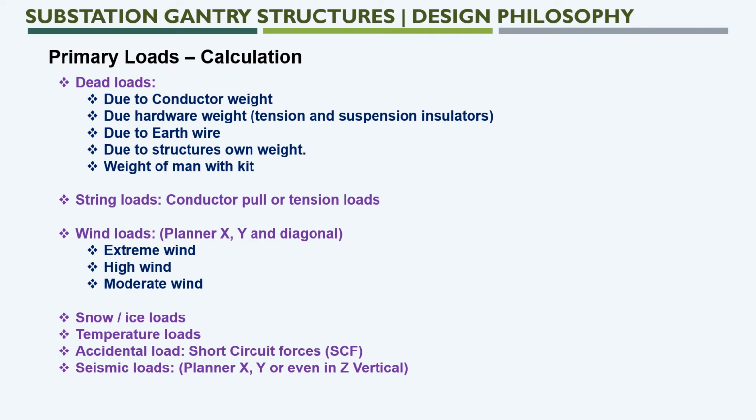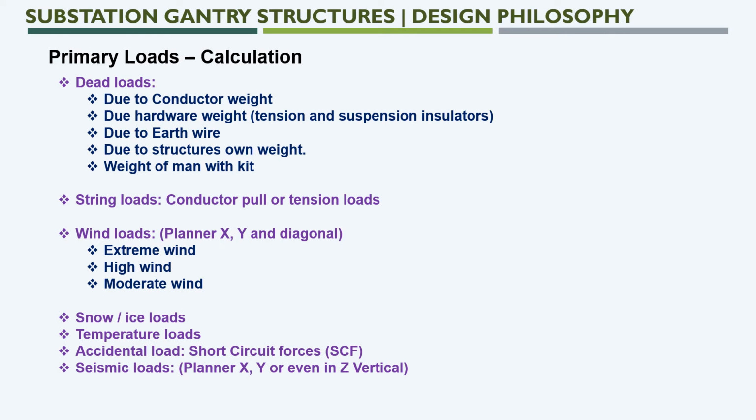Next one is string loads. So this is a conductor tension load or pull load to resist, to arrest or minimize its sag due to self-weight or any other environmental loads such as wind, ice or snow, or temperature loads. So based upon these external loads, the conductor tends to tense or create some sag.